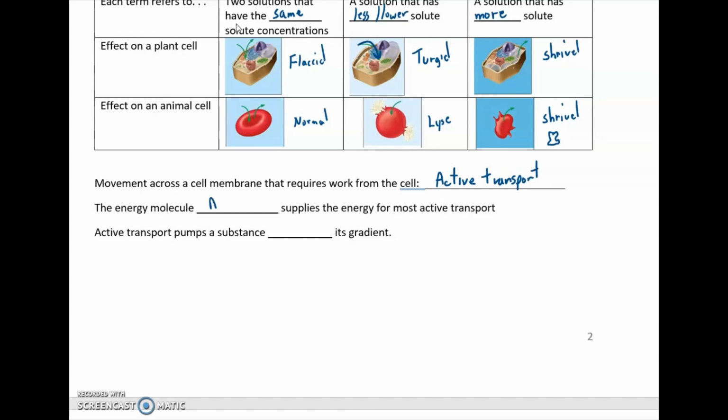And an energy molecule, usually an ATP, supplies the energy. An active transport will pump a substance up its gradient. So it'll take it from where it's less concentrated to where it's more concentrated.